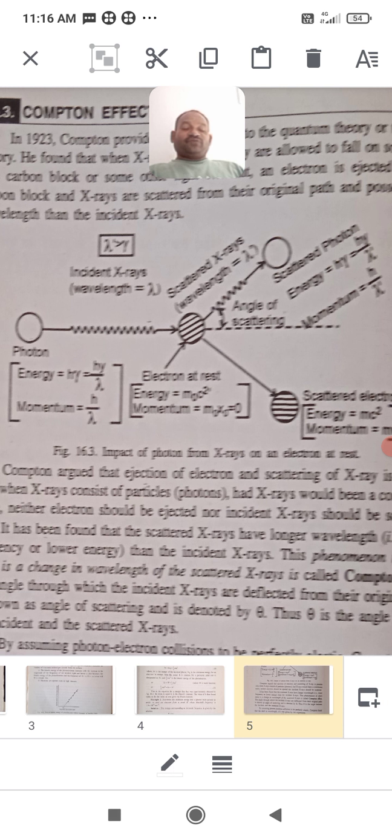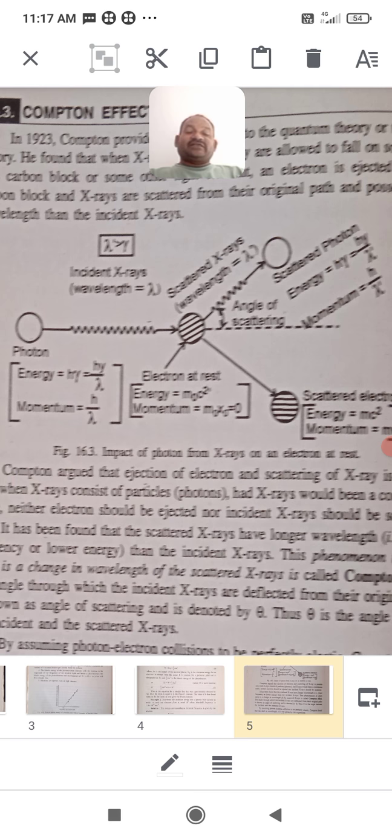By assuming photon-electron collisions to be perfectly elastic, Compton found that the shift in wavelength d lambda was given by the expression d lambda is equal to 2 lambda by mc sine square theta by 2, where m is the mass of an electron, c is the velocity of light, and theta is the angle of scattering. The expression shows that d lambda is independent of the nature of the substance and wavelength of the incident radiation.